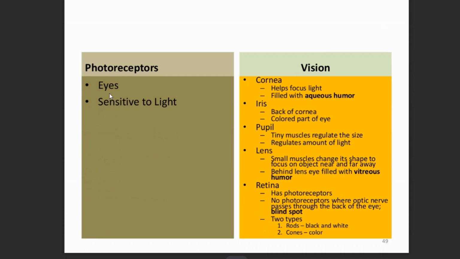Photoreceptors are present in our eyes. They are sensitive to light, like vision. The cornea focuses light, and it is filled with aqueous humor.